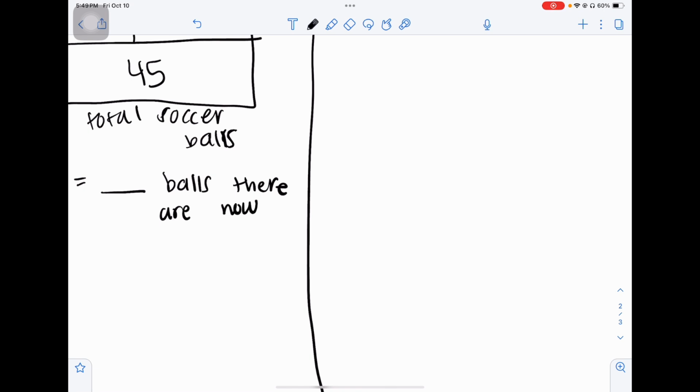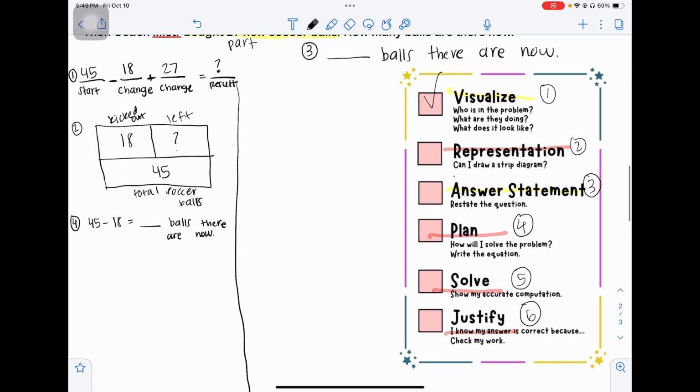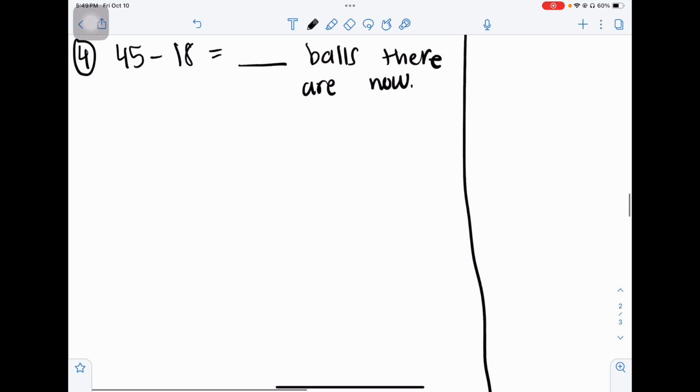So remember, all I did is I am copying the visualization piece because we're doing half the problem right now. So we're just doing 45 minus 18. So I copied it again, equals, and I'm copying the answer statement. Blank balls there are now. That's it for plan.